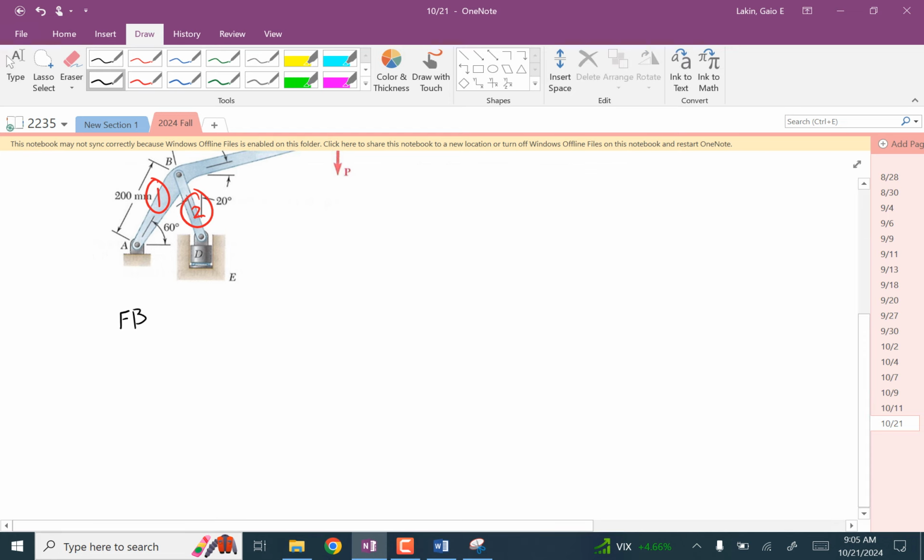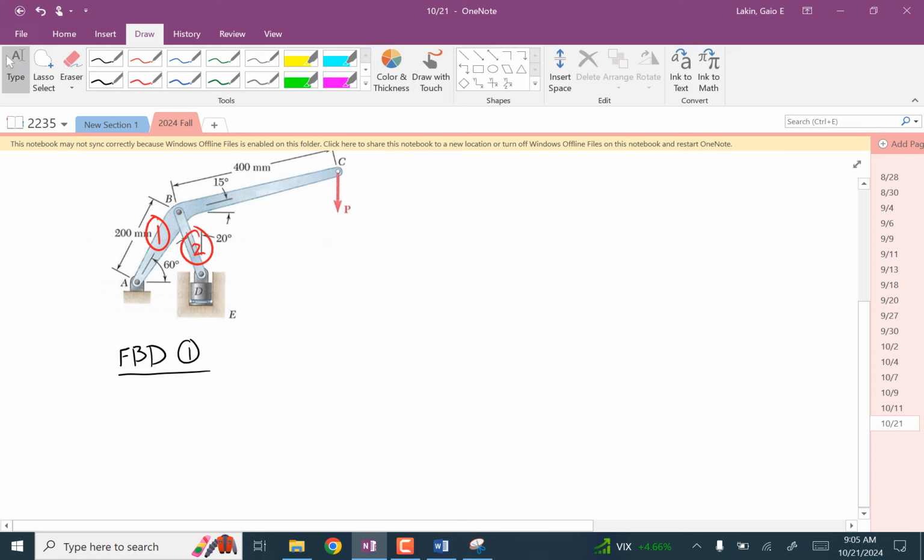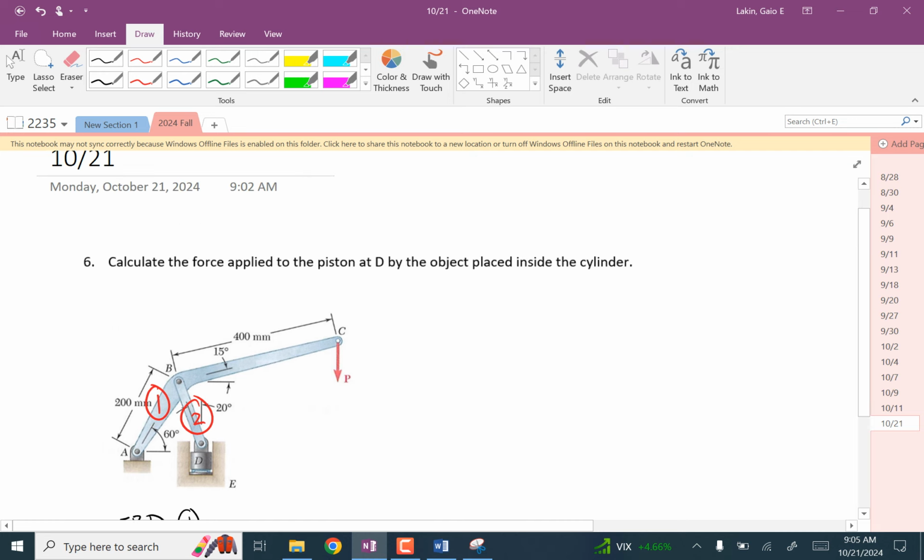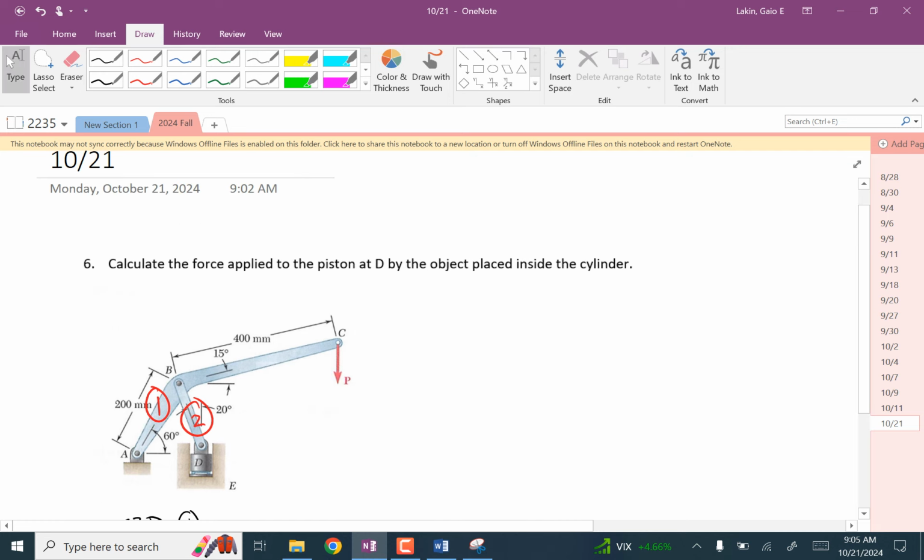Okay, so free body diagram of body 1. We have a force RA. None of these have mass, I assume.